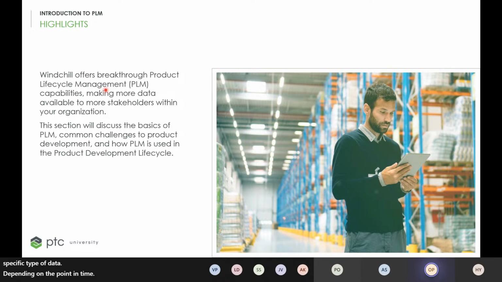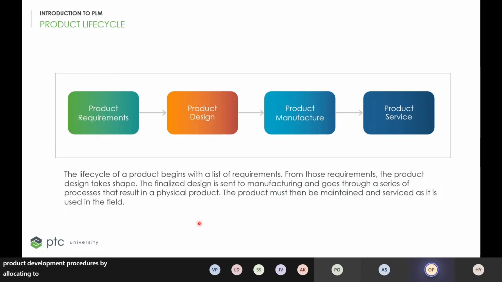Another reason, because there are multiple departments working with the data, because there are different stakeholders, and we have to move faster from the product development to the manufacturing, we have to formalize procedures. With Windchill, you can define product development procedures by allocating specific life cycles to your data.